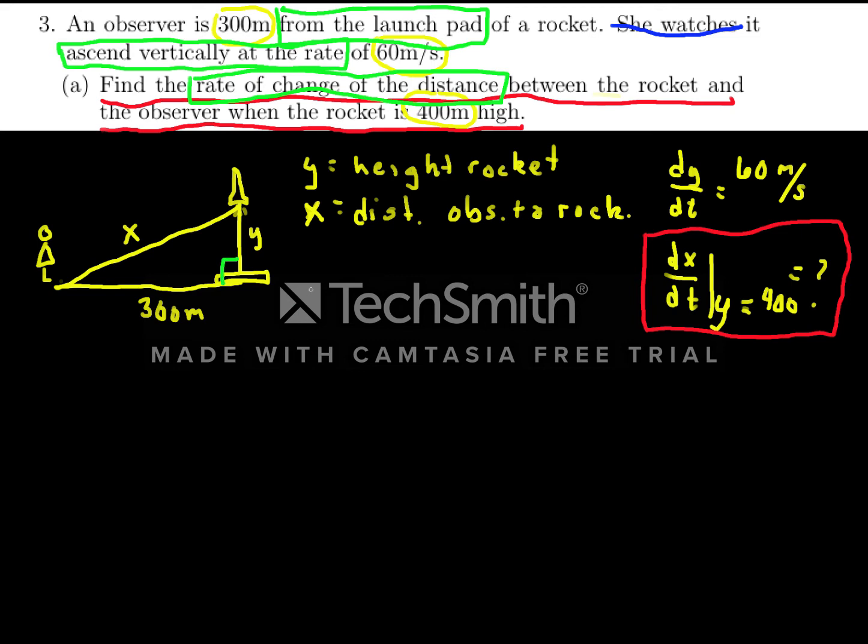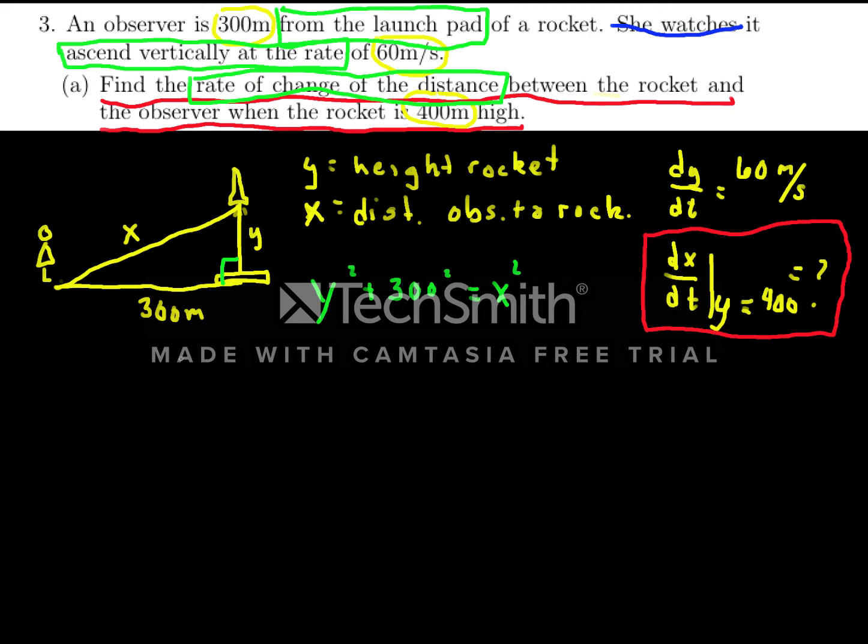So we know that y squared plus 300 squared is equal to x squared. Right? The sum of the squares of the height and the base is equal to the hypotenuse squared. That's Pythagorean's theorem.